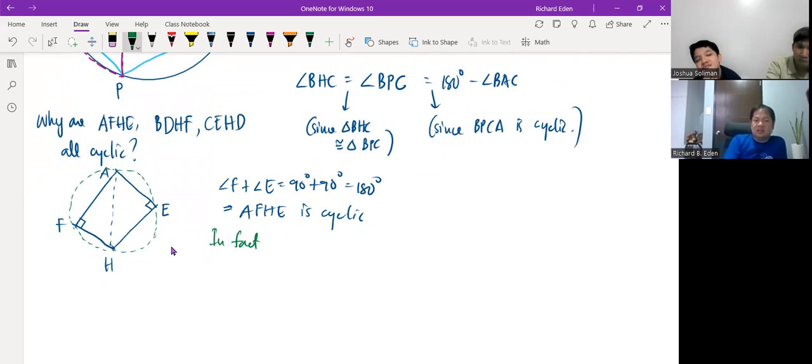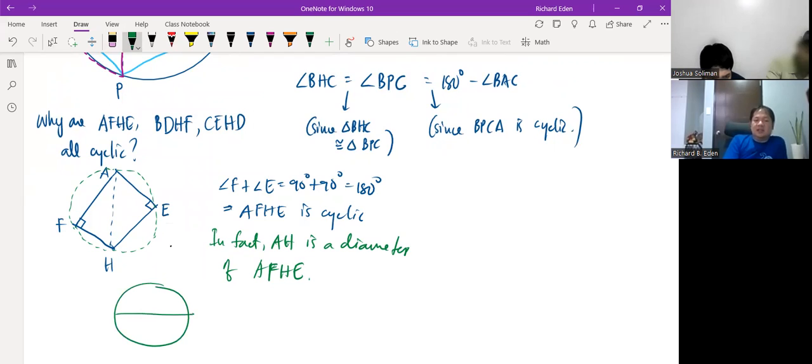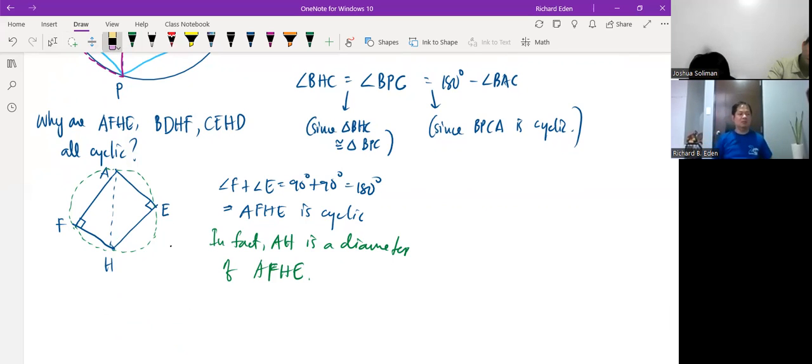Yes, in fact, AH is a diameter of AFHE. All right. That's because, remember, in a circle, if an inscribed angle is 90 degrees, then the chord corresponding to it must be a diameter. So that makes AH not just any chord, but in fact the longest chord. It's a diameter. Yay.